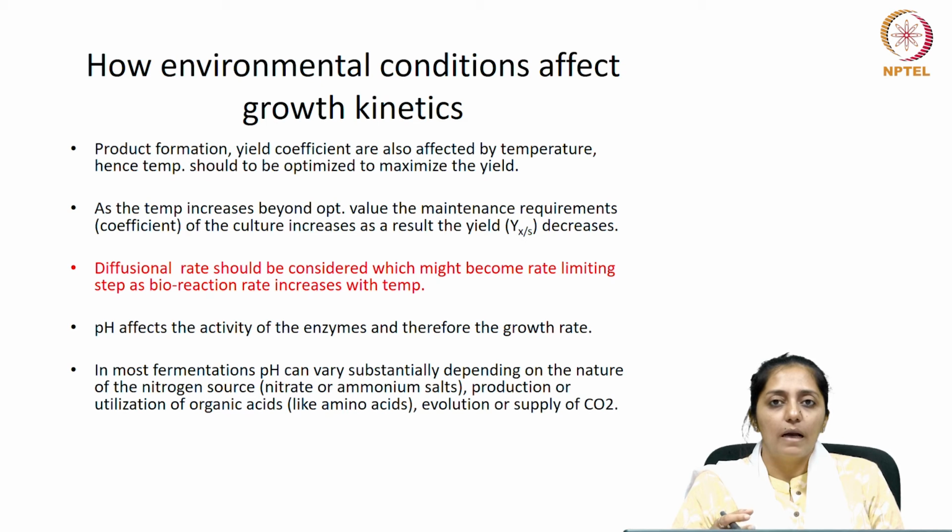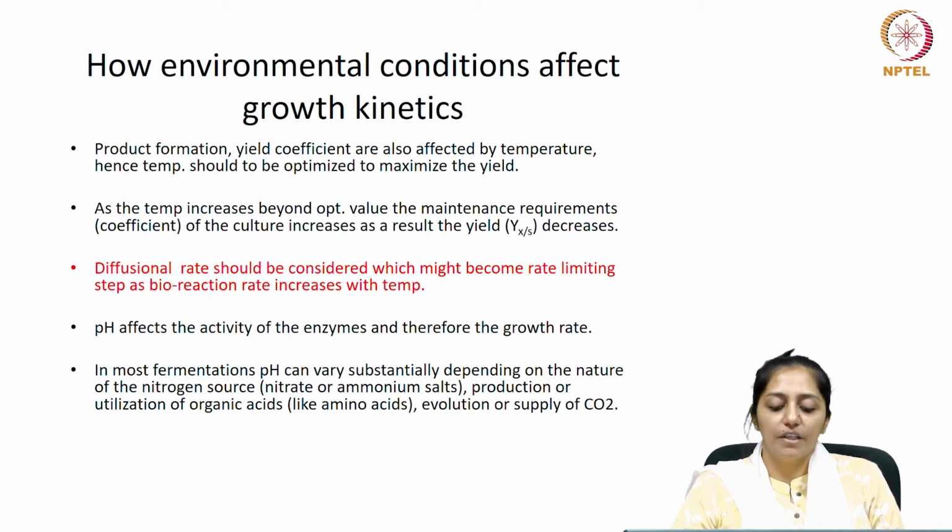Now, as the growth rates improve, the rate limiting step could become the rate at which the substrate is made available to the cell, where diffusional limitations have to be considered.